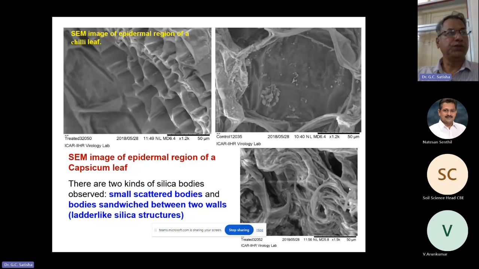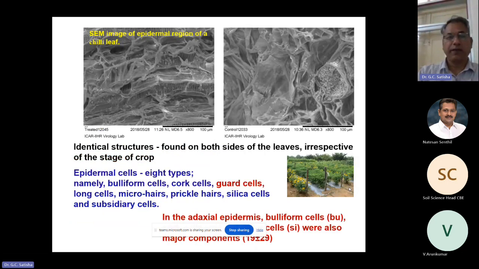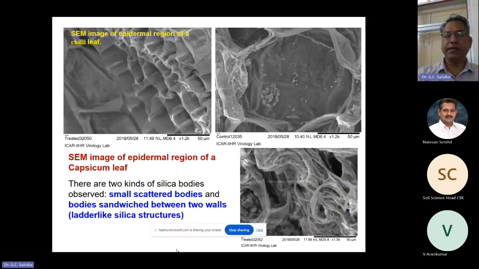Silica in the leaf tissues, either it will be spread isolated, or it will be accumulated as a ladder-like structure. This scattered and ladder-like structure we have noticed. Here we can see the ladder-like structure in the first treated one, whereas in the previous one, silica is spread isolated in the leaf system.